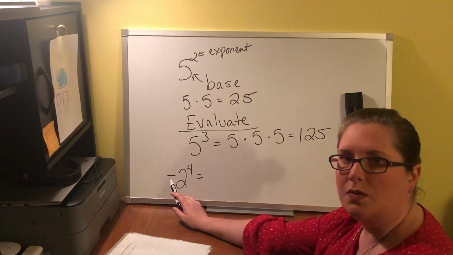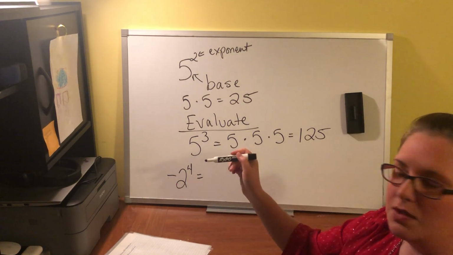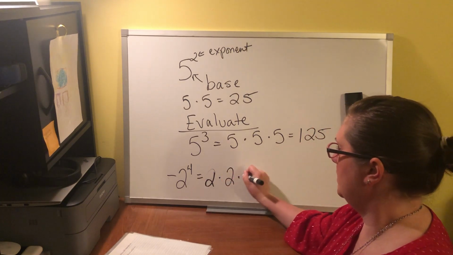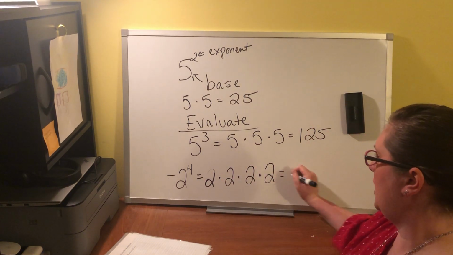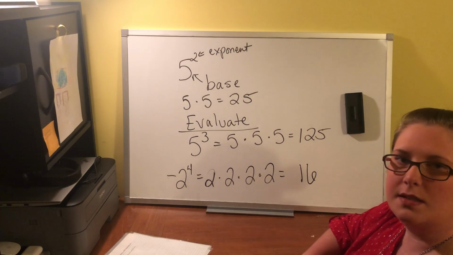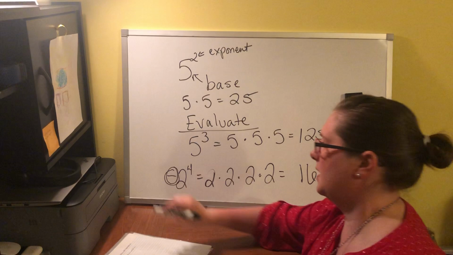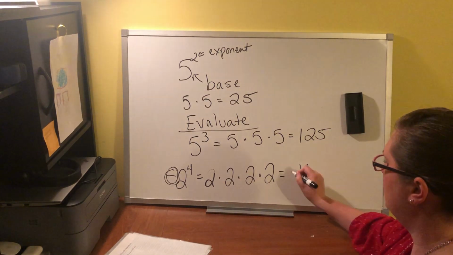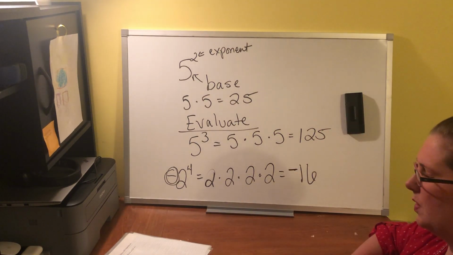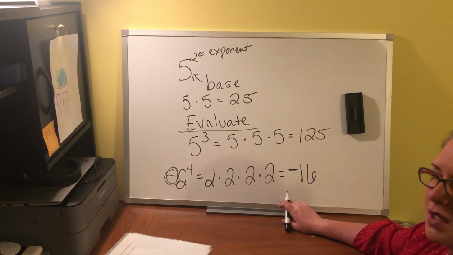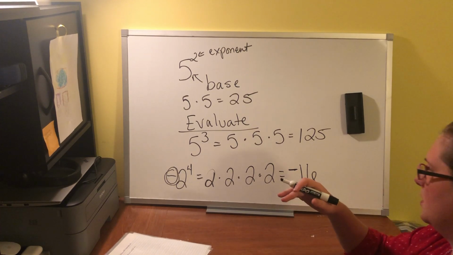This is out in front, so we will handle the negative once we get our answer, okay? So you would go ahead and do 2 times 2 times 2 times 2 to get 16. Now, since we had this negative out in front, not in a set of parentheses, that means our answer is going to stay negative. So that's going to stay a negative 16, okay? And like I said, we did this before, very beginning of the semester.